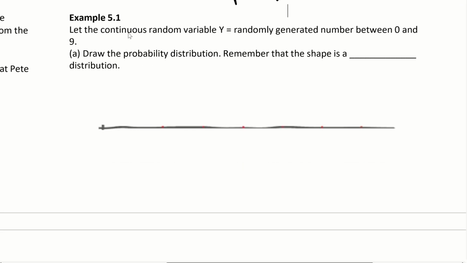All right, so let's go ahead and look at an example of this. Let the continuous random variable y equal a randomly generated number between 0 and 9. Okay, so you just randomly generate a number. Draw the probability distribution. Now remember that in this example, each number has the same chance of being selected. And so this distribution is actually uniform, okay? So it's flat. Every number has the same chance of being selected. So we have from 0 all the way to 9.